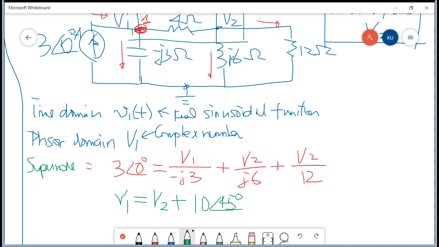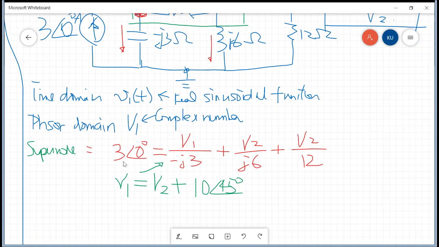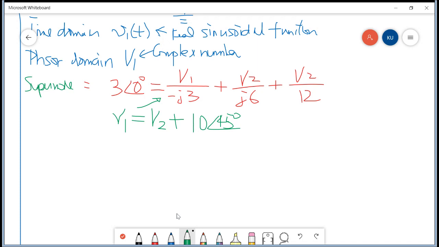And in this case, we can just substitute V1 into here, so that we have 3 at 0 degree, which is actually 3, and then V1 is V2 plus 10 at 45 degree, which is actually 5 square root of 2.